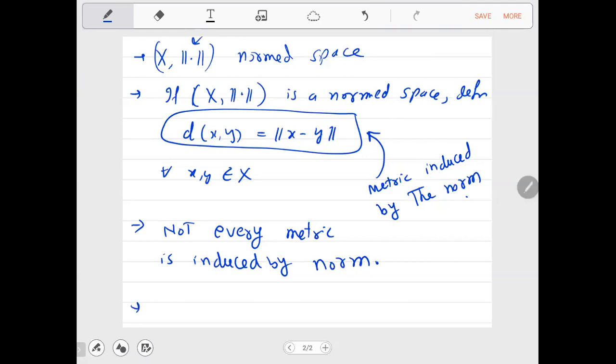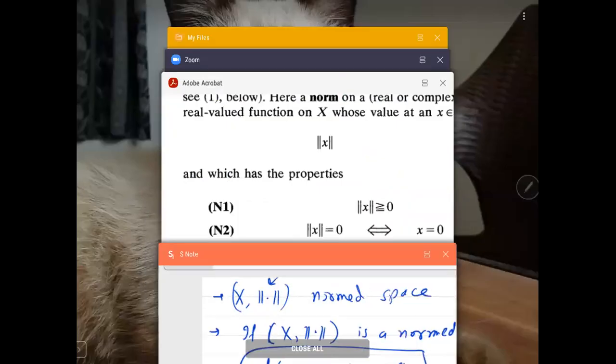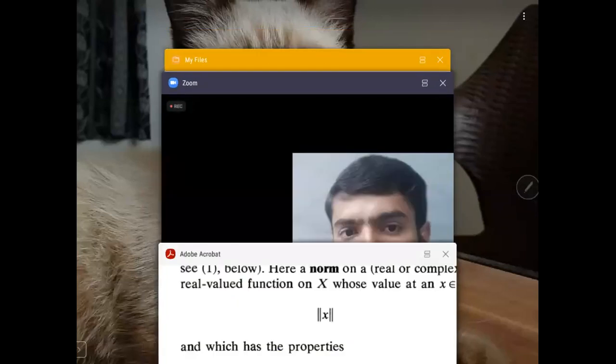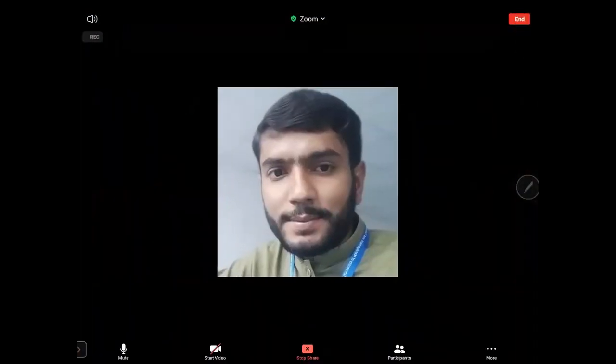So for example, let me show you. Hello? Yes, sir. Yes, sir. So can you give me an example of a metric space which is not induced by norm?